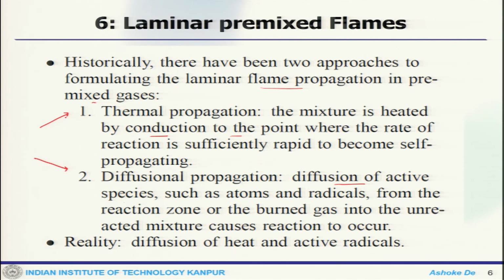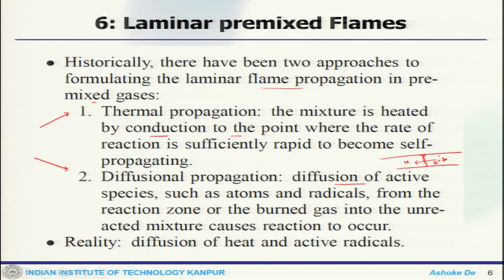One is purely based on the thermal hypothesis. If you look at the system like this, this is the reaction zone, this is unburned, this is burned. From this side the heat transfer takes place. Due to the heat transfer, this gets ignited or the burning takes place.